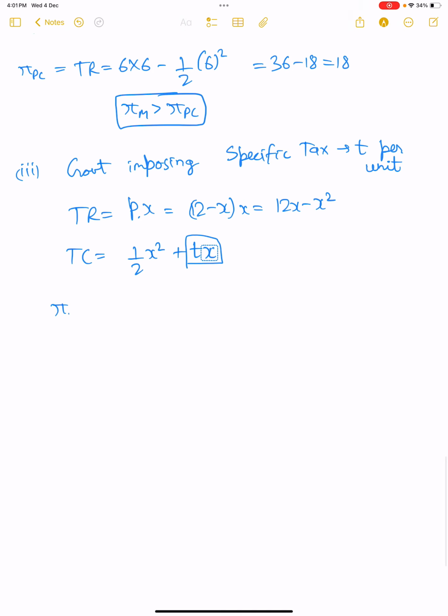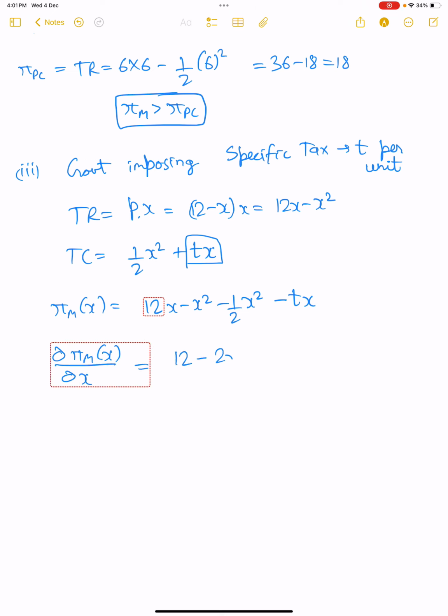Now the profit of the monopolist in this case would become 12x minus x square minus half x square minus tx. The first order condition gives us 12 minus 2x minus x minus t equals 0.